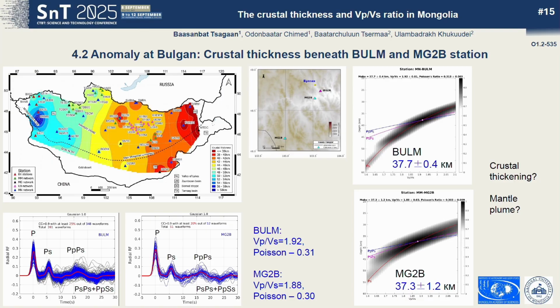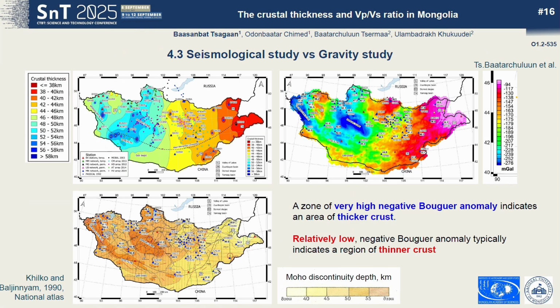The determined crustal thickness, VPS ratio and Poisson ratio are very close. Therefore we trust our results. So this is the second discussion point.